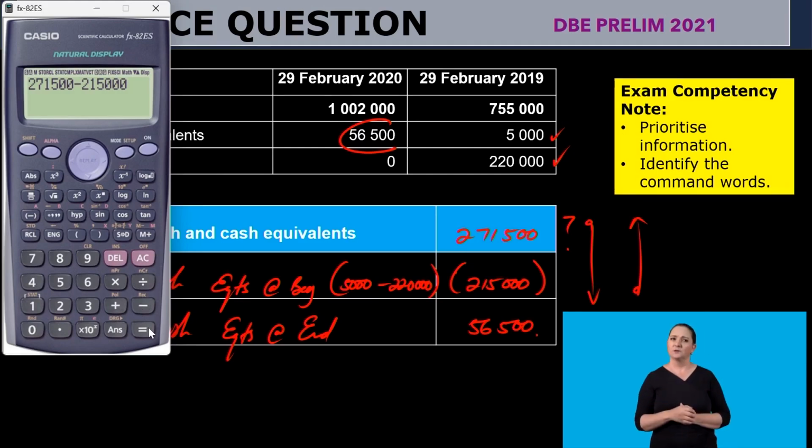How much is that going to give you? 56.5. So it means the 271.5 is indeed correct. Okay, so make sure you get this idea that when we do the bottom-up approach, we start from the bottom, the second figure, then we change its sign. Then we can do that as we go up. And then that is how we would calculate our net change in cash and cash equivalents.